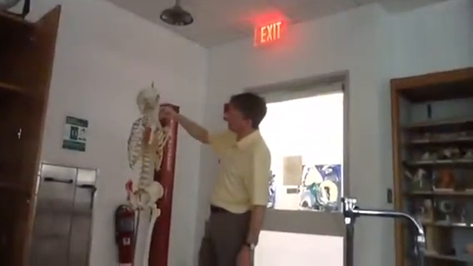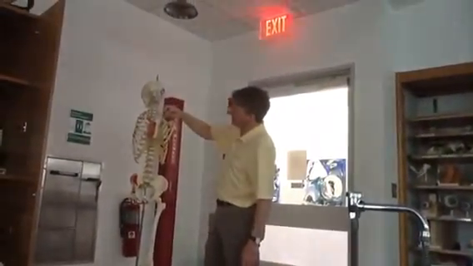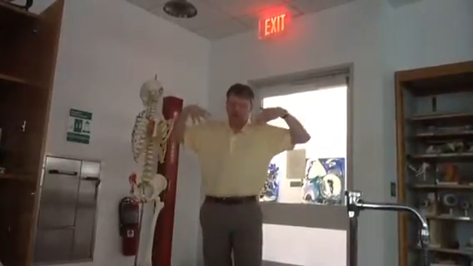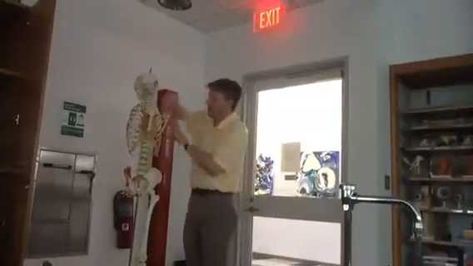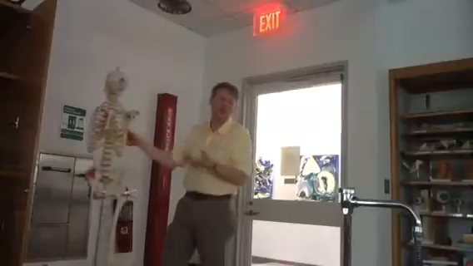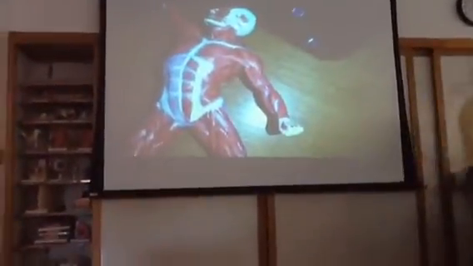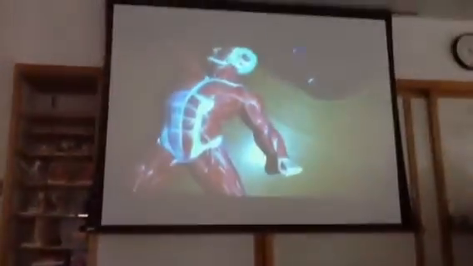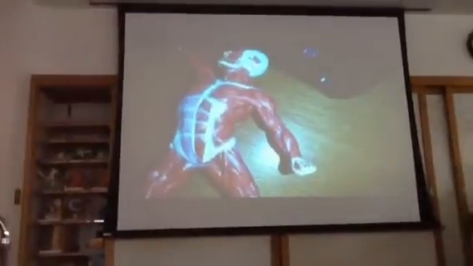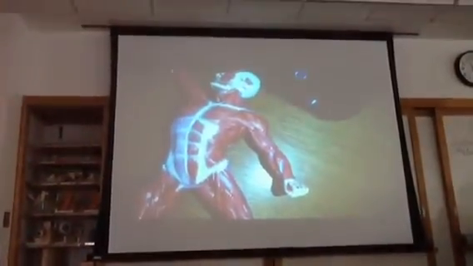You can look on pictures, but the external intercostals run between the ribs, all between all of the ribs, and they run sort of in this direction. When they contract, they essentially pull your rib cage upward, which works to expand or increase the size of your thoracic cavity, which pulls the lungs with it, which causes you to inhale. So the external intercostals and the diaphragm work together. When they contract, they cause you to inhale. When they relax, you'll naturally exhale.